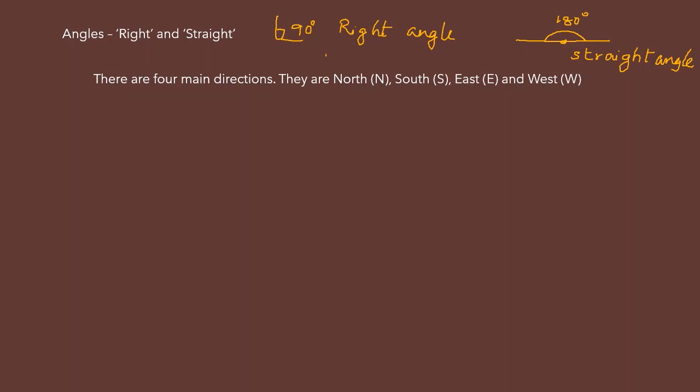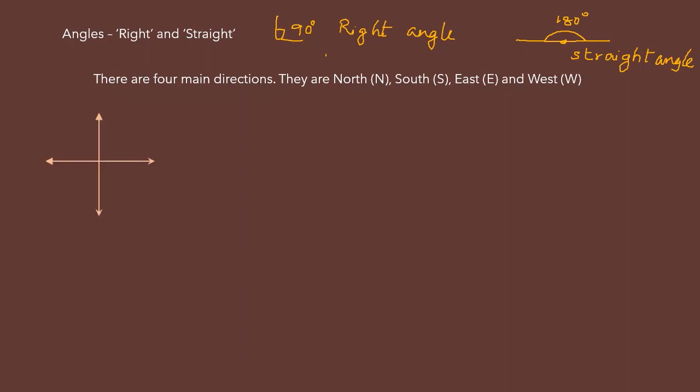So there are four main directions: north, south, east and west. You know that when we talk about the India map, we say that Kerala is in the south, Assam is in the east, Gujarat is in the west and Jammu Kashmir is in the north, isn't it? So when you draw the map, the top portion we call north, the down portion we call south, on our right we have the east and on our left we have the west.